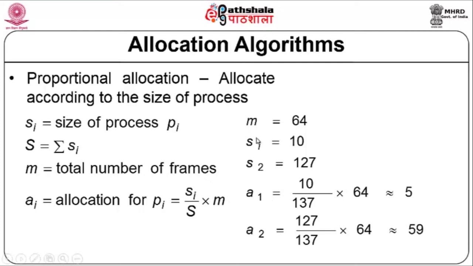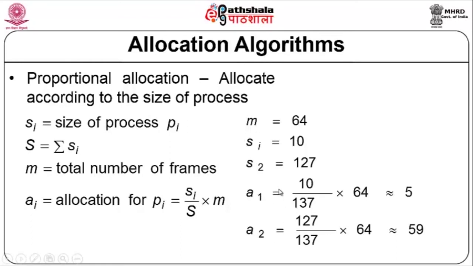You can look at this example, that will be easier to understand. If you have M as the total number of frames, say 64 is the total number of frames available. You have process P1 whose size is say 10, and process P2 whose size is say 127. Hence you can see that the sizes of both processes are different. S1 has a smaller size and S2 has a bigger size, and hence you can allocate fewer frames for the first process and more frames for the second process.